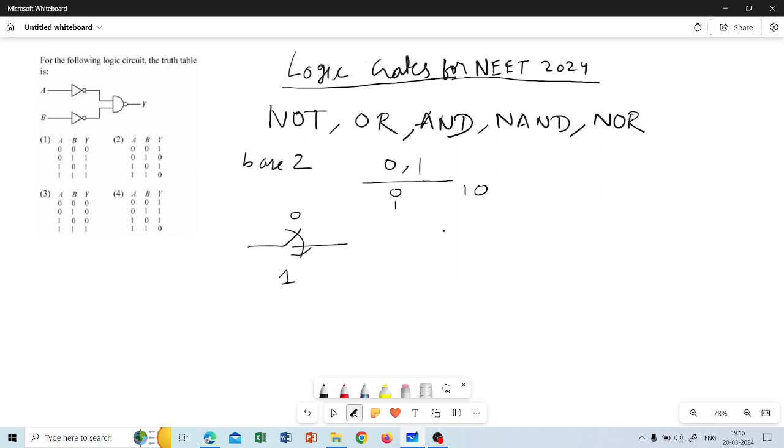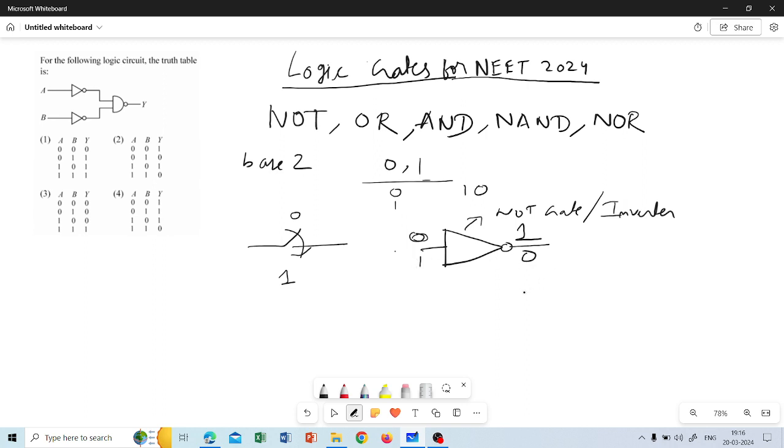For example, if the input is 0 and the output is 1, and when the input is 1 the output is 0, then this kind of switch is called a NOT gate or inverter. So this is a NOT gate, nothing but if the input is 0, output will be 1, and vice versa.